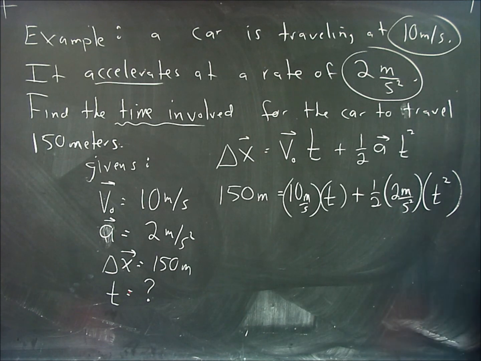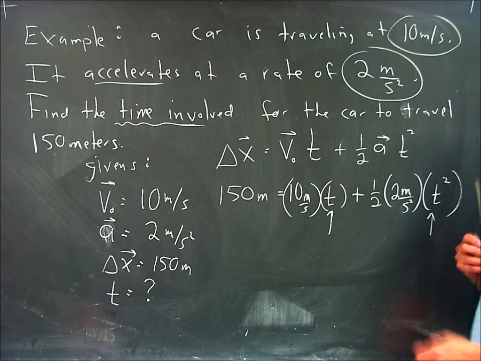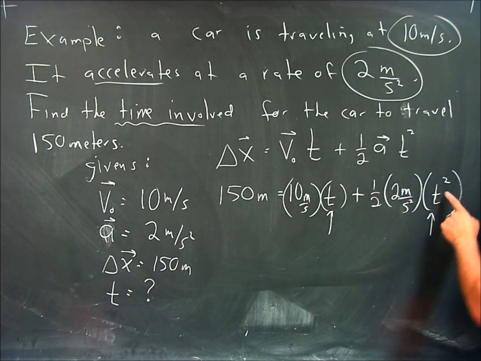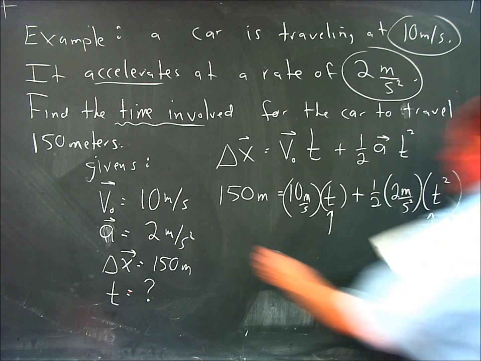And that may look fine to you and easy to solve, but there's no way that you can solve for two different powers of 10. This is 10 raised to the 1 power, and this is 10 raised to the 2 power, without using something called the quadratic equation.